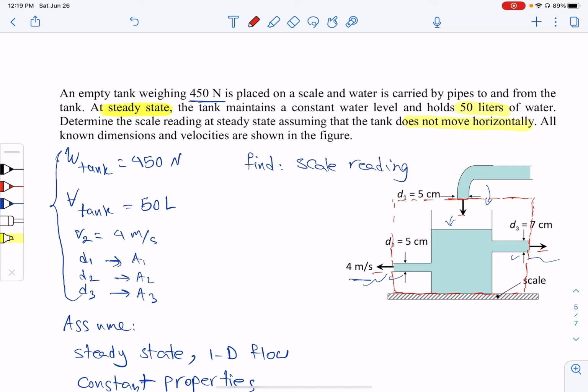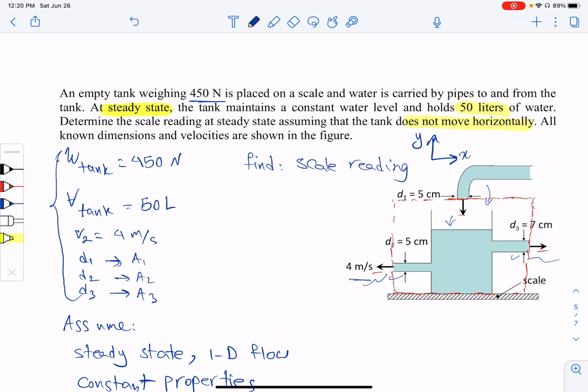Now I have my CV. Now I need to fix and assign my coordinate system, my X, Y, and Z. So I'm going to assume this is X and this is Y direction.